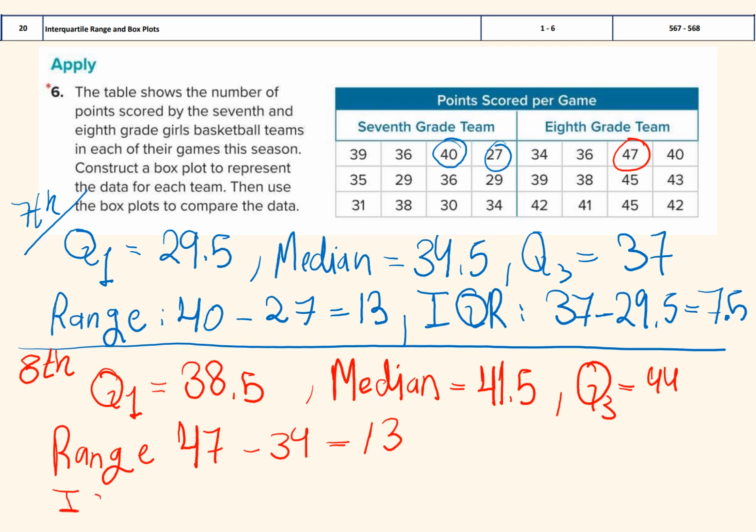And the IQR will be Q3 minus Q1, so 44 minus 38.5, which is 5.5. Okay, after finding these values, we will be graphing the two box plots.